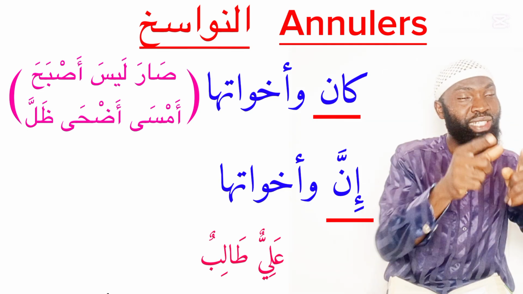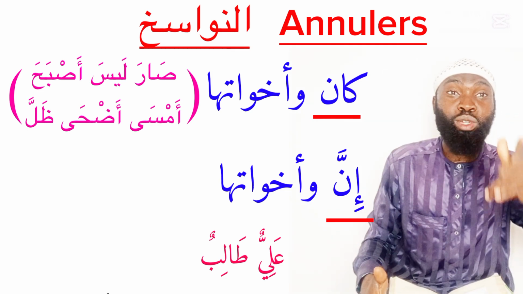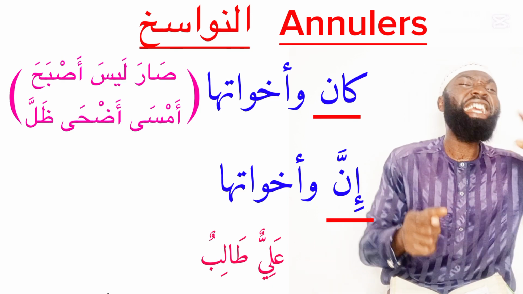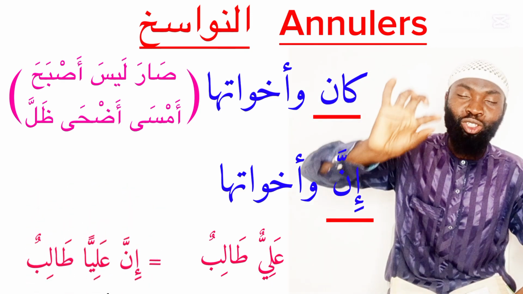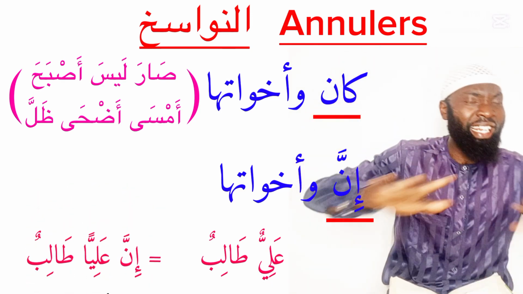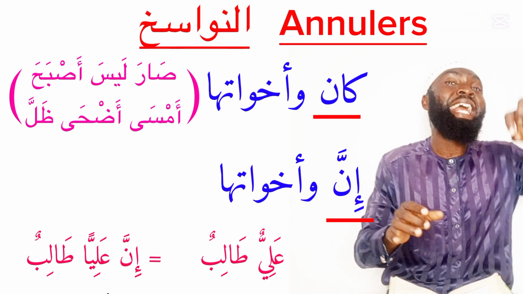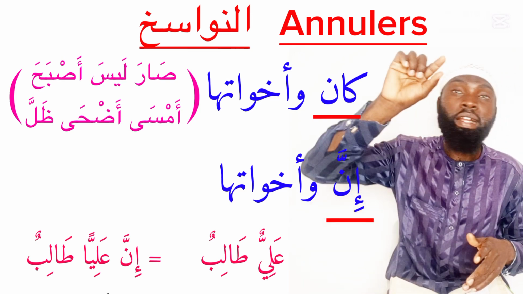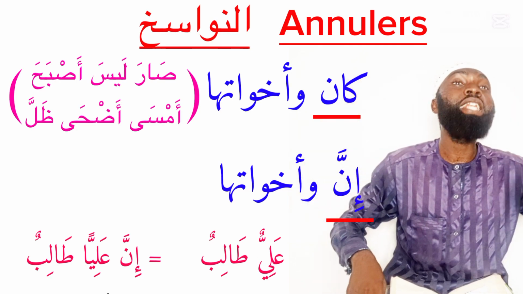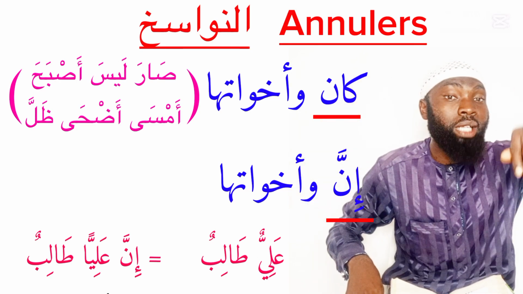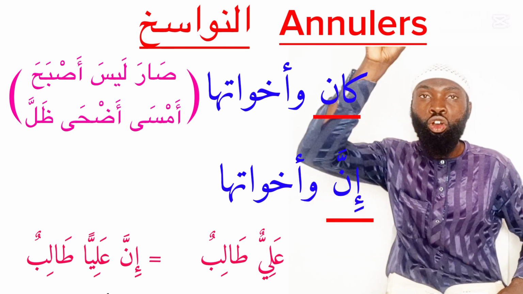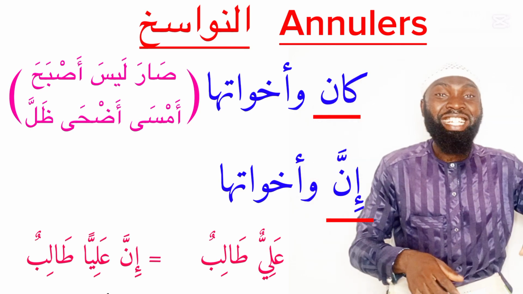Okay, let's introduce inna into this. It will not be inna Aliyun talibun again, rather it will be inna Aliyan talibun. This is very clear. This shows that while kana will change the khabar, the predicate, into carrying fatha, inna will change the mubtada, the noun, into carrying fatha. That's why we have kana Aliyun taliban and inna Aliyan taliban.